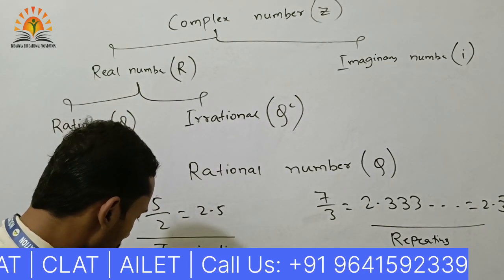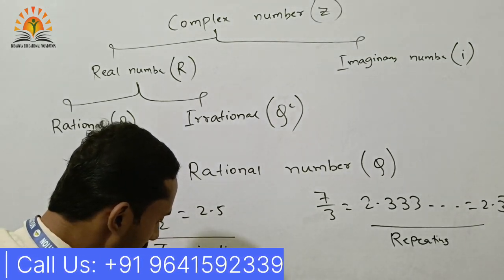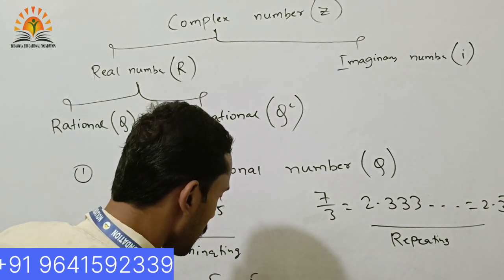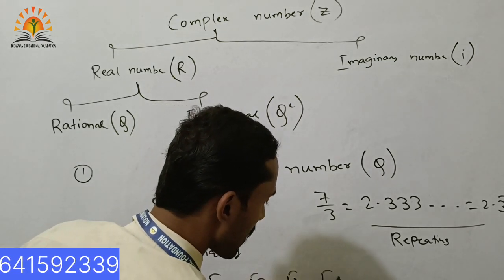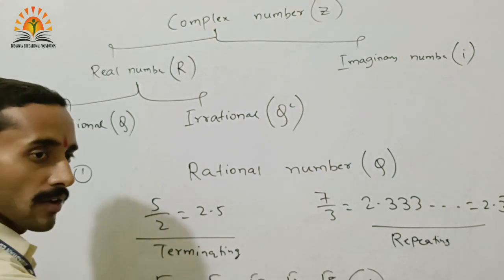Basically, if we find the value of root 2, root 3, that is, imperfect squares, numbers that are not perfect squares, root 5, root 7, root 8, etc., these numbers are neither terminating nor repeating.